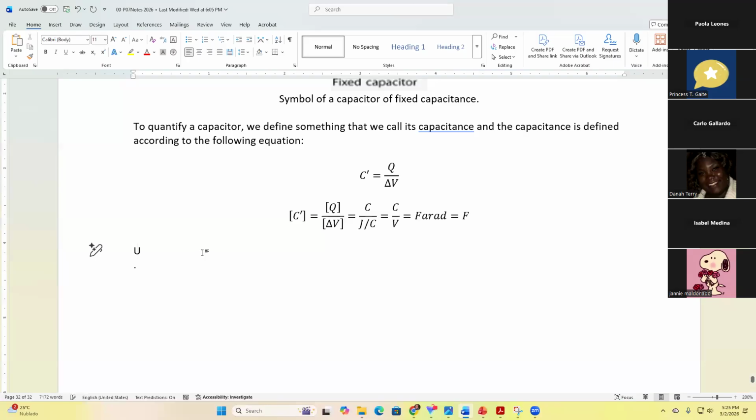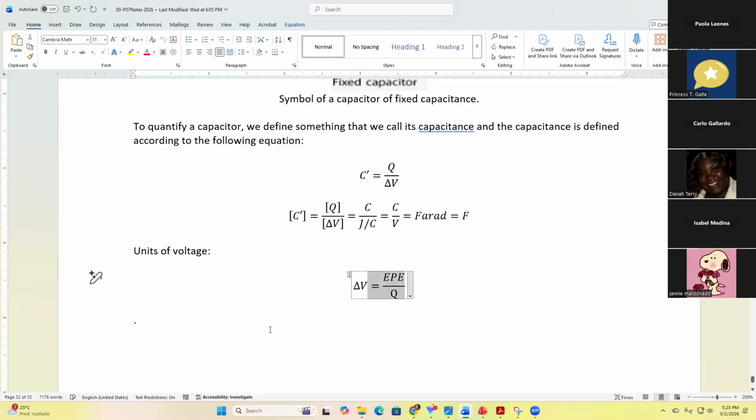Don't forget the units of voltage. I'm going to emphasize it here because I didn't mention it before. Delta V is equal to the electric potential energy divided by the electric charge.